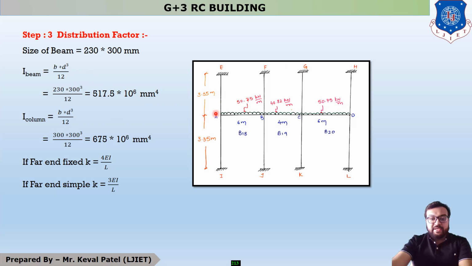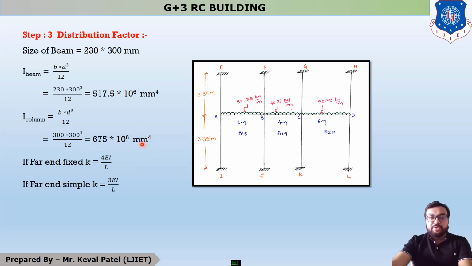Similarly, this AE and AI is your column, and your size of column is 300 cross 300. It means your B is also 300 and D is also 300. So after putting all these values, you will get I column equal to 675 into 10 raised to 6 mm raised to 4.